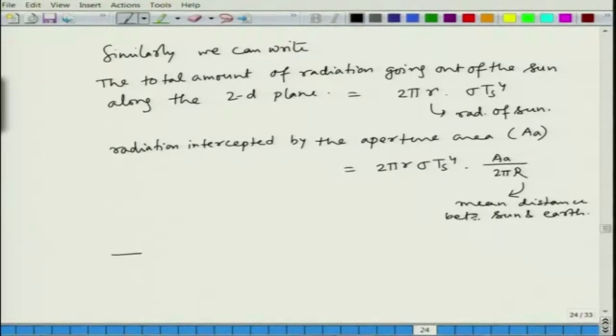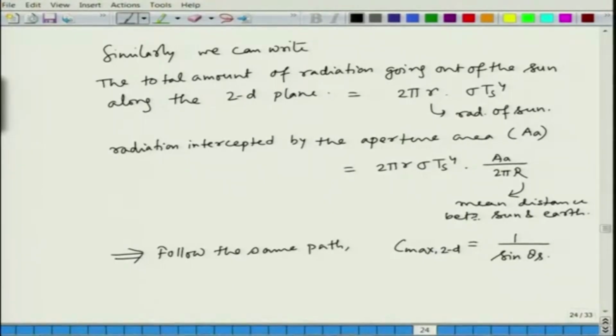So, following the same path, which of course I am not going to repeat, the C max, now let me subscript with 2d, will be 1 over sin theta s. Instead of sin square theta s, we have 1 over sin theta s.